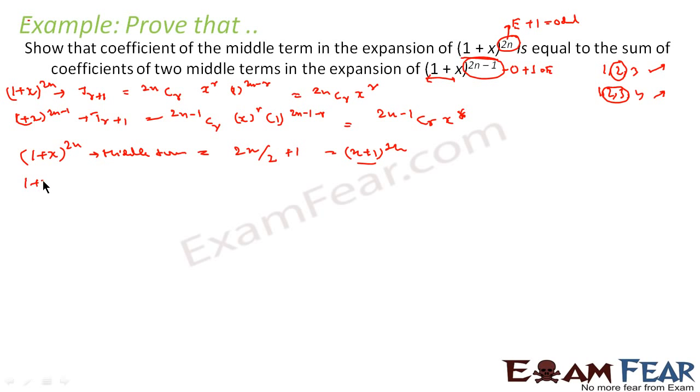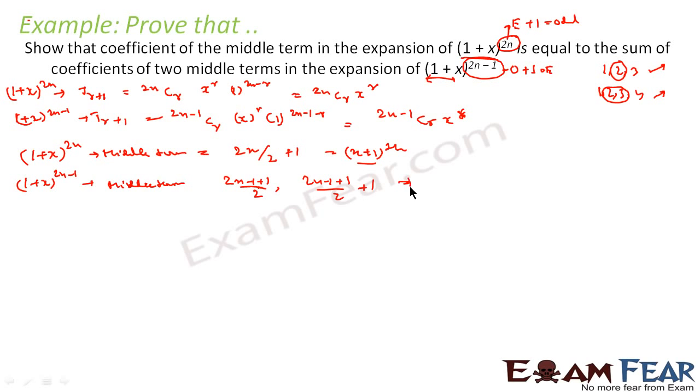In case of (1 plus x) to the power 2n minus 1, we have to find two middle terms, because this power is odd, so there will be an even number of terms. For an even number of terms in the series, there are two middle terms. As we learned in the past slide, with the power 2n minus 1, the terms are 2n minus 1 plus 1 by 2, and 2n minus 1 plus 1 by 2 plus 1.